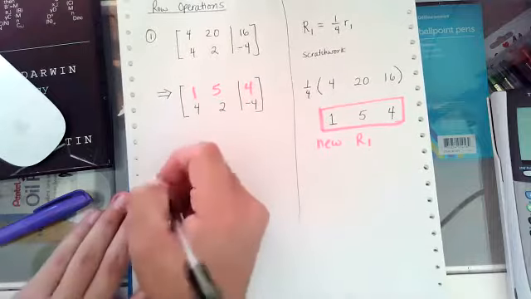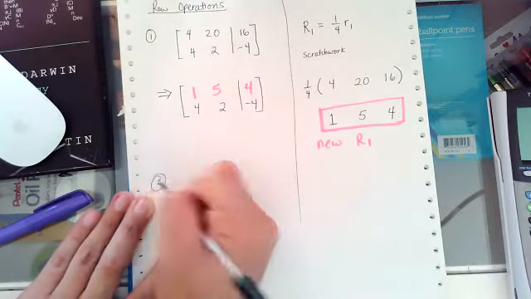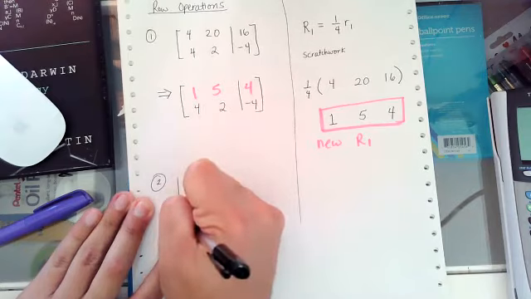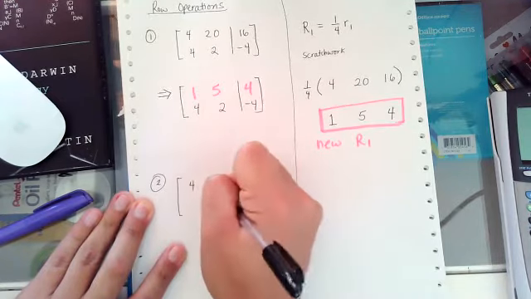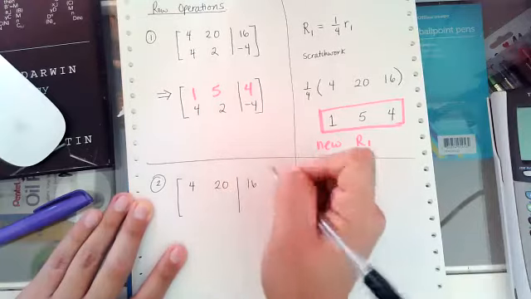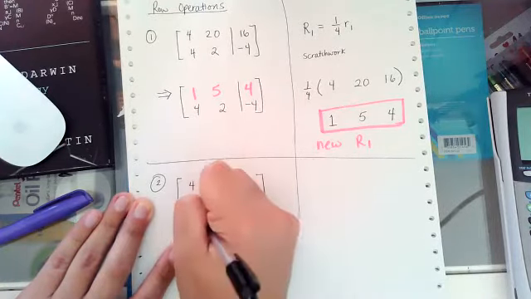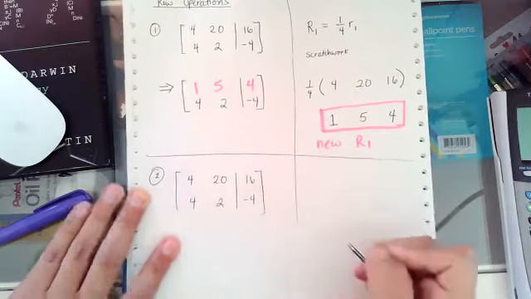We could also add 2 rows together. So let's keep working with the same matrix. And we have 4, 2, and -4.